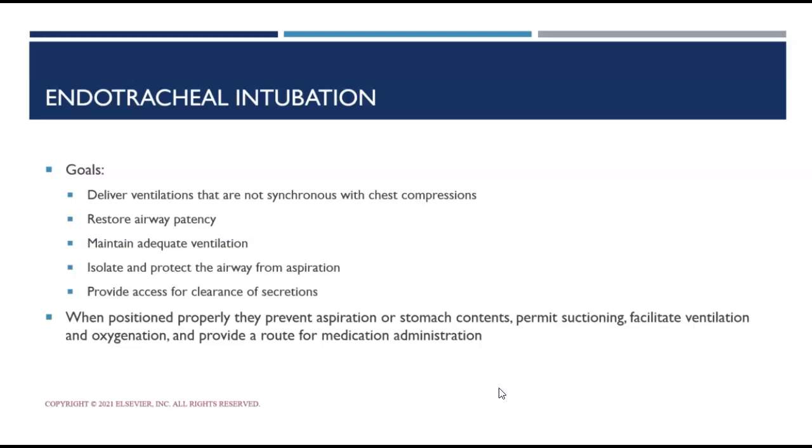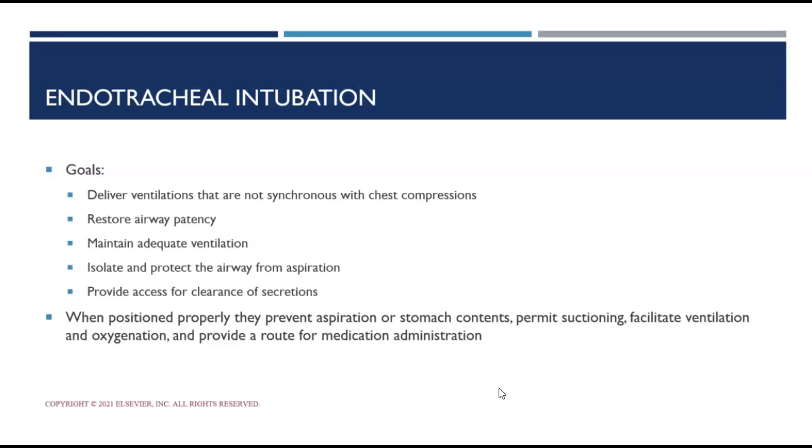As long as a patient is being adequately ventilated, the priority during the code where we're actually doing CPR is not to intubate the patient, okay? Because intubation a lot of times can interfere with compressions.